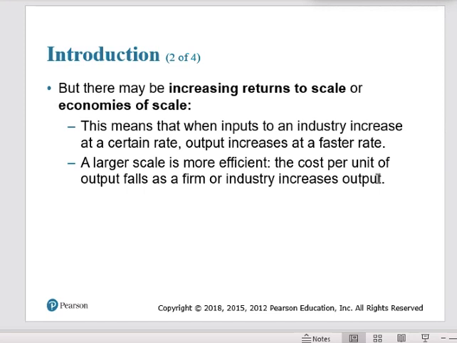So the average cost of the bread depends on how much bread you make. The fixed cost plus the variable cost is the total cost, right? Total cost divided by the number of breads you sell is the average cost.